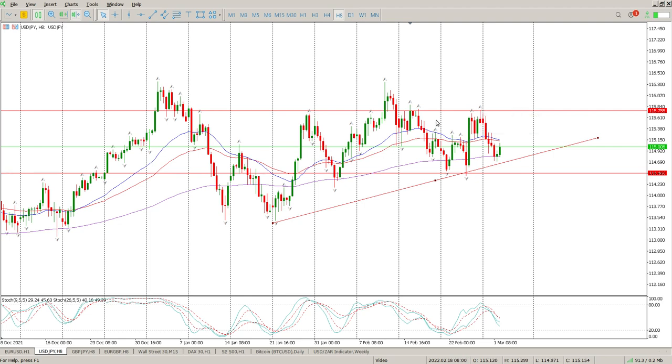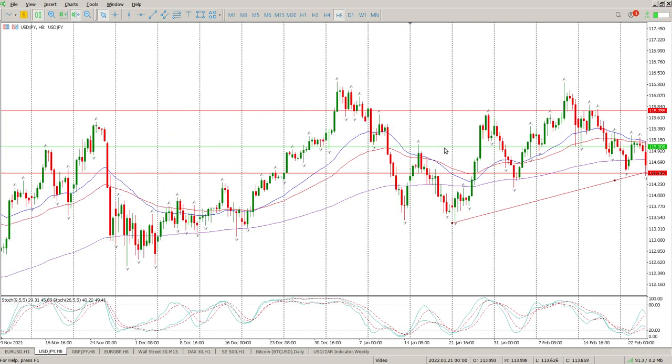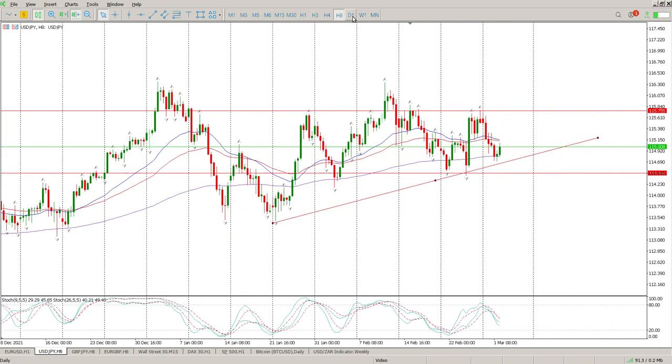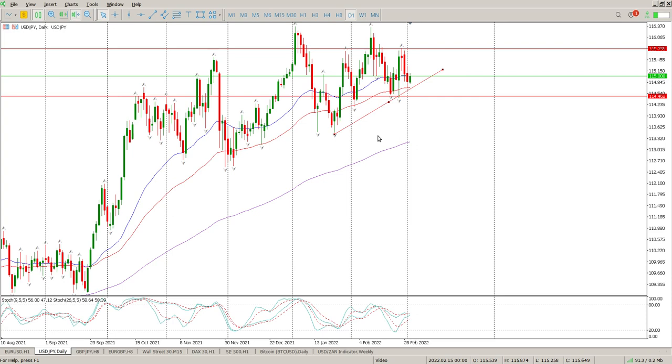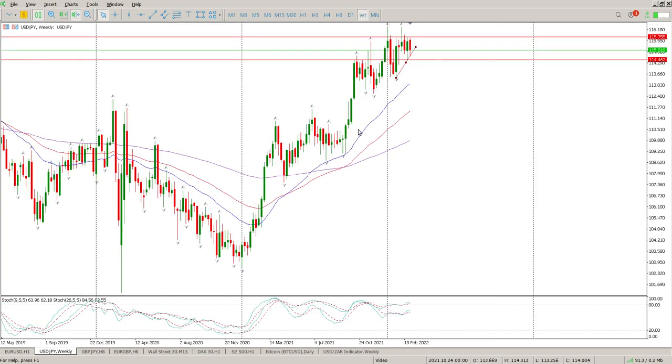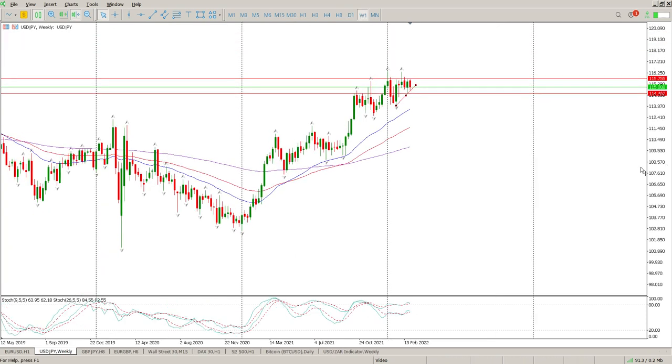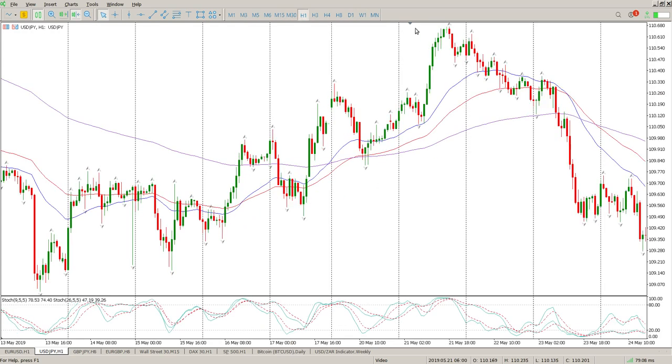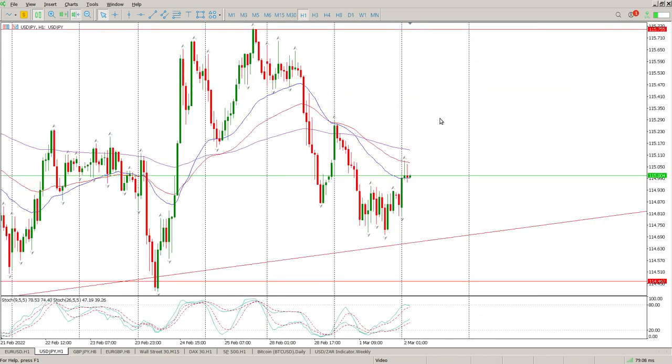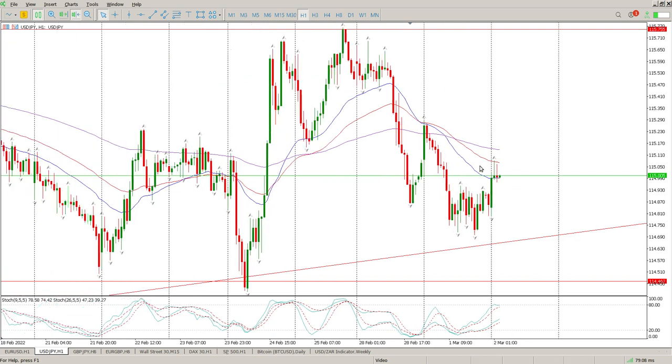Look carefully, that is a flat top triangle, and if you do this on a daily you'll see it a little bit clearer, and on a weekly you're going to see that's a consolidation area. So be careful of looking for shorts. That's basically what I'm saying. It does look like it is building another short, which doesn't surprise me. Could be a potential move back down to this trend line. On higher time frames, it's consolidating for a move to the upside.